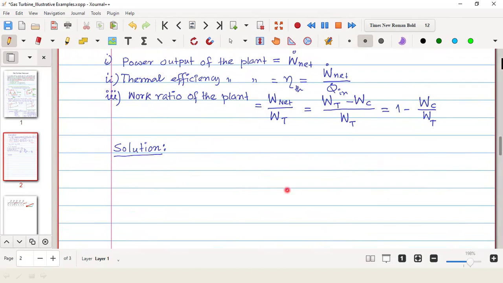So now we will use the quantities that are mentioned or given, and we will try to solve the problem.